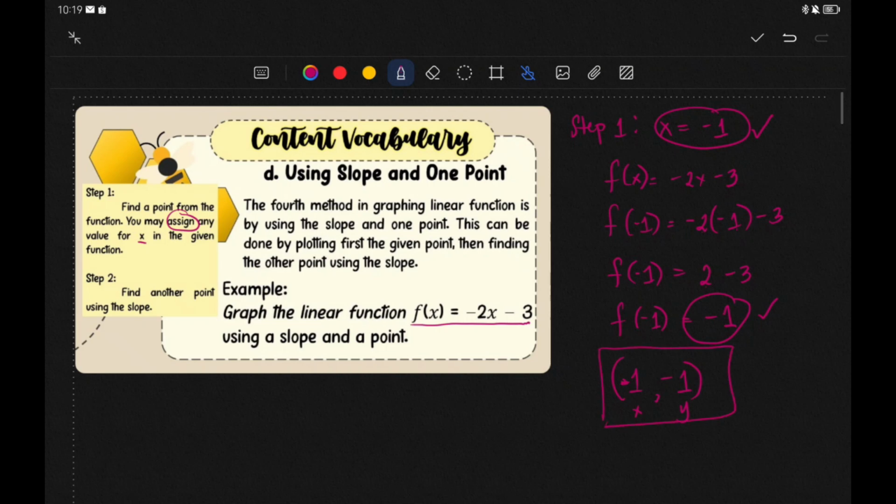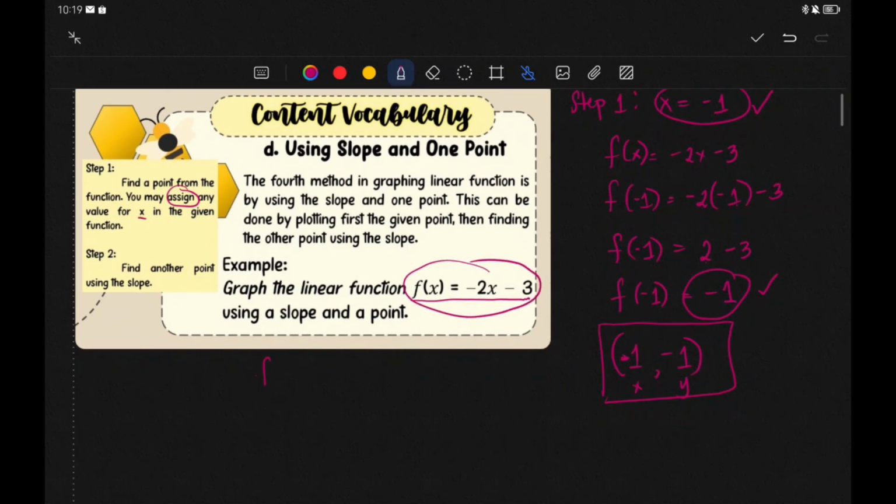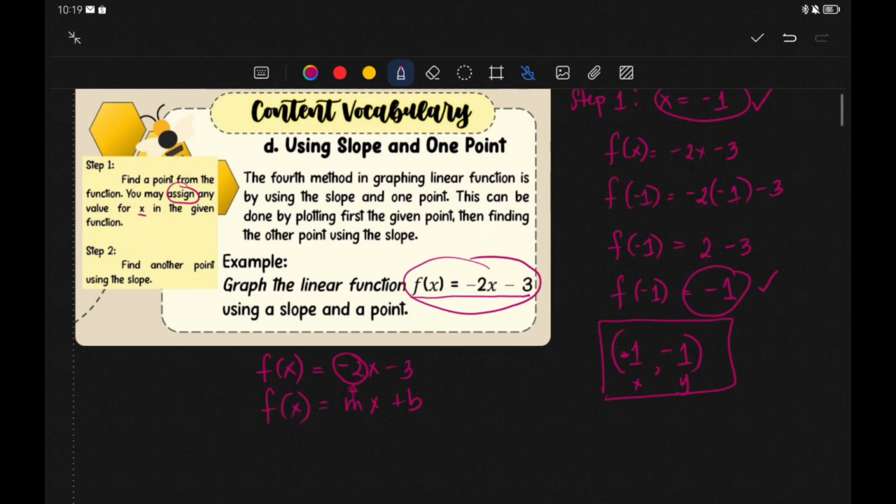Now, step number 2, we are to find another point using the slope. So, we will use the slope. By inspecting the given function, f of x is equal to negative 2x minus 3, as you can see, this is in slope-intercept form, mx plus b. Our slope here is negative 2.